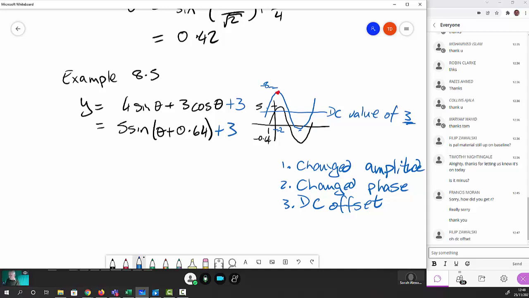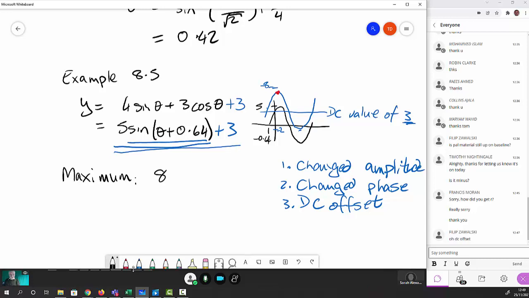The maximum value of a sine is 1, isn't it? So the maximum value of 5 sine is obviously 5. So the maximum value of 5 sine plus 3 is 8.